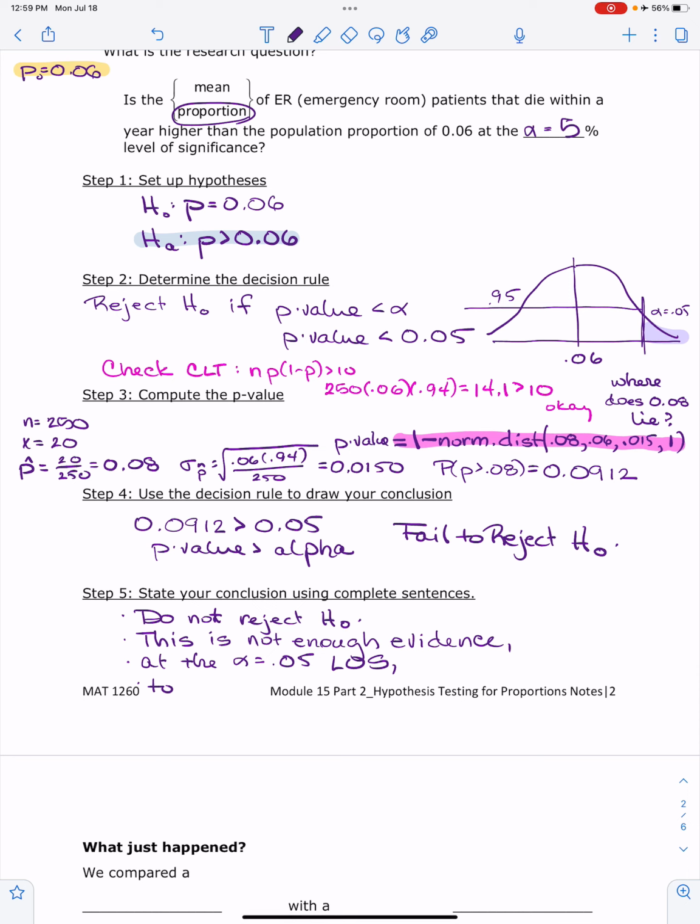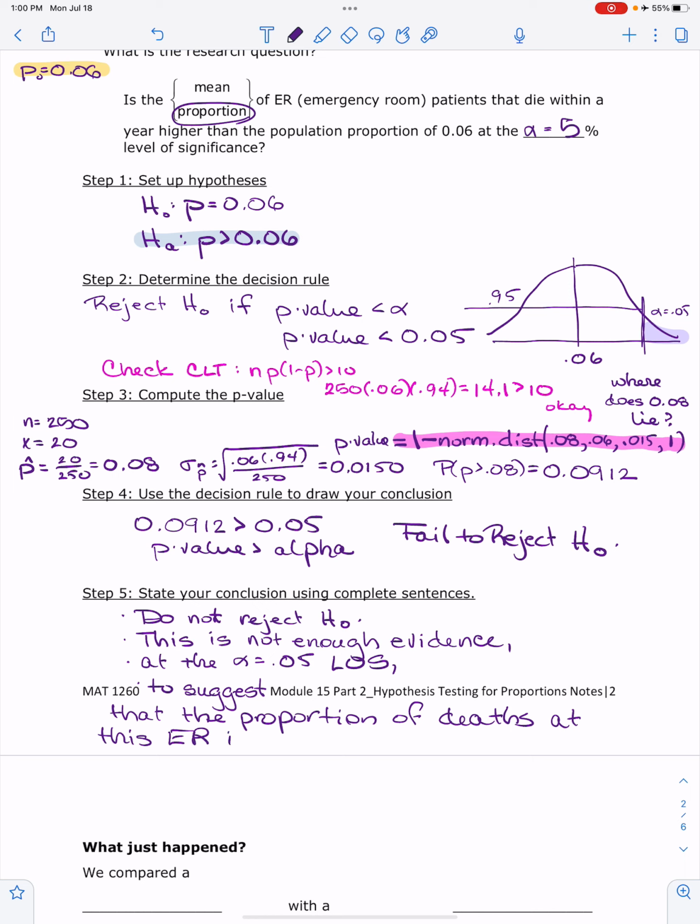And now I need to state it in the context of the problem, to suggest that the proportion of deaths at this ER is higher than the national average, and we're going to state that of 0.06.